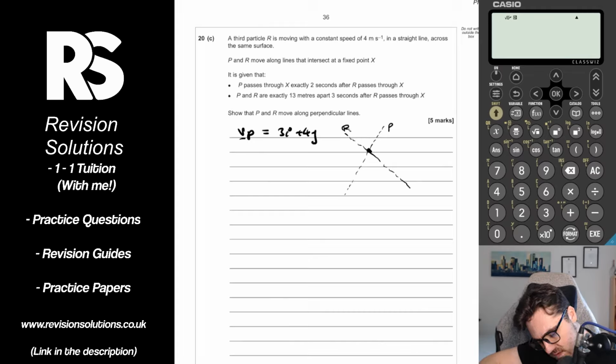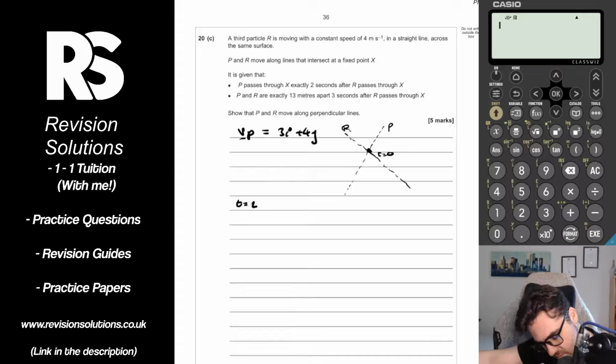So let's say t equals 0 is when R is at this position, X. Then we've got two different scenarios going on. We've got to consider when t equals 2 and when t equals 3. So at t equals 2, P is at X, and R has been traveling past it for 2 seconds.